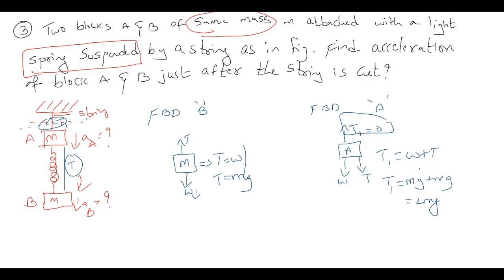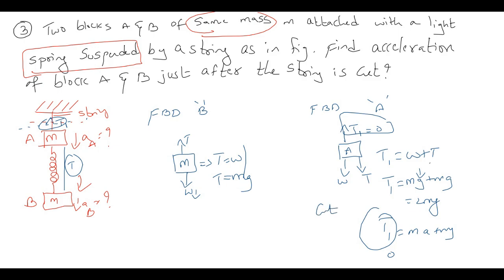Okay. Now when we cut the string, what will happen? Instead of g, it will move with acceleration. Plus mg, this tension will become 0 because we cut the string. As we cut the string, there will not be any tension for this one.